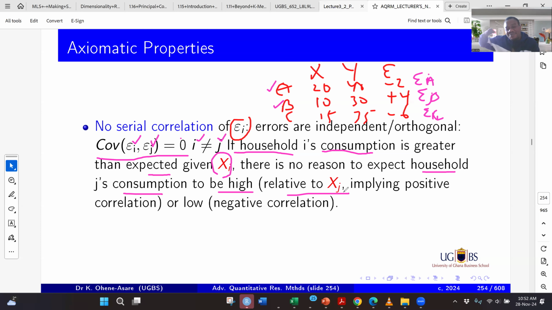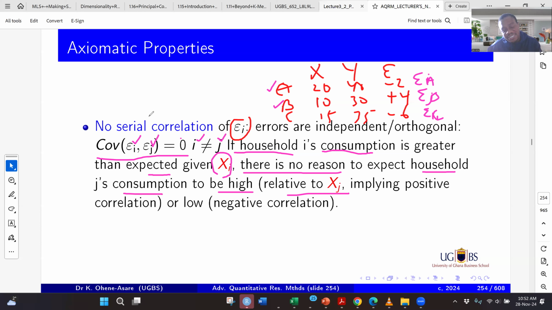Whether it's positive or negative is irrelevant. But no, you cannot make that assumption. There is no reason to assume that. If you make that assumption, then there's autocorrelation, and you should not have autocorrelation in the errors. Guys, do you understand? This is the first time I've explained it well. But normally I jump. And this is how. So there must be no autocorrelation.